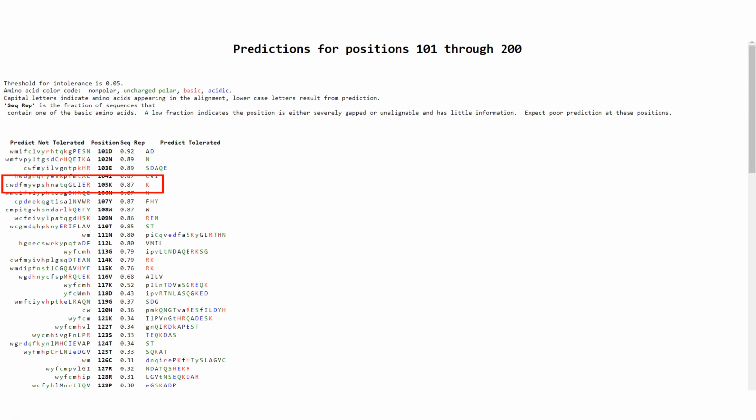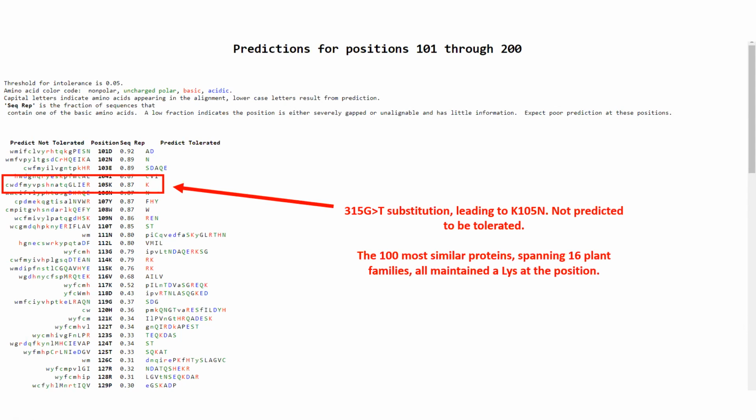And so we think that this very well could be responsible for that mutation. So again, K105, and the 100 most similar proteins all have that. So it's clearly important functionally for the gene. And so by substituting it, you very likely have a reduction or loss in function of the gene.